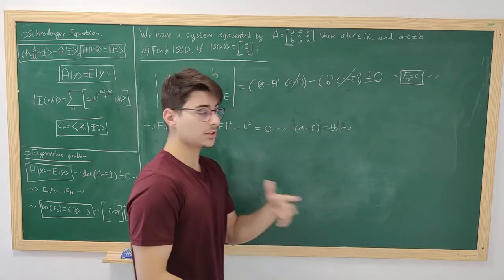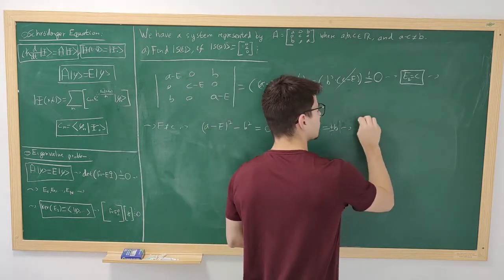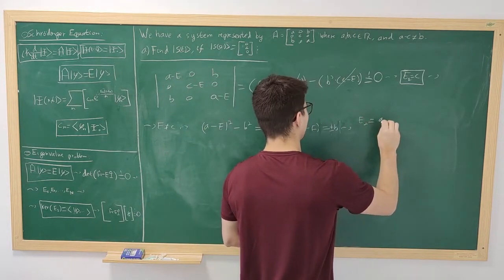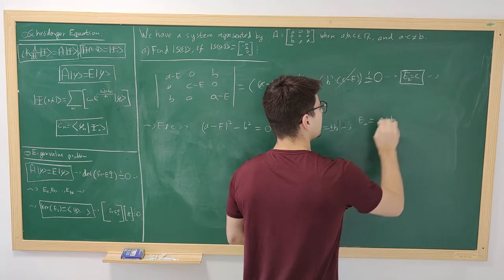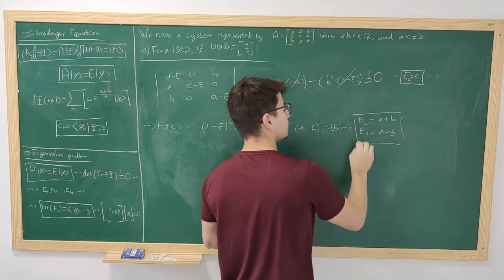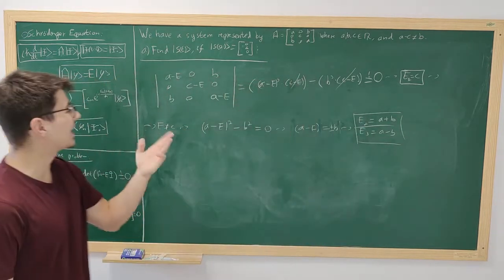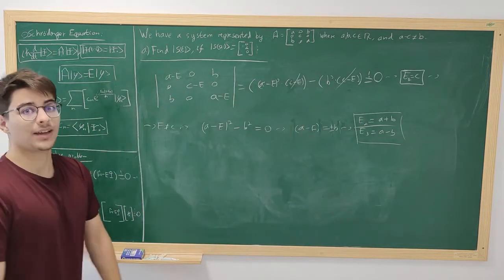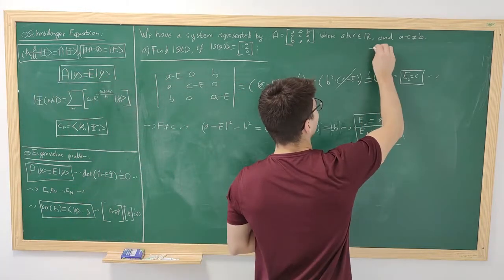From this, we get two new eigenvalues: E2 is a plus b, and E3 is a minus b. So these are our three eigenvalues for the Hamiltonian. Let's write them right here.